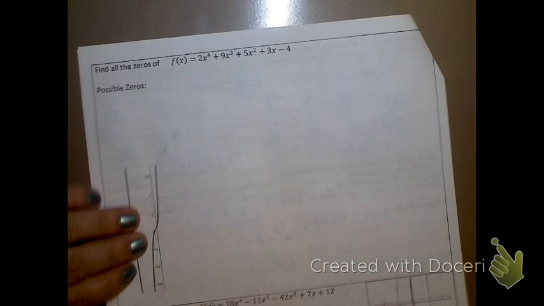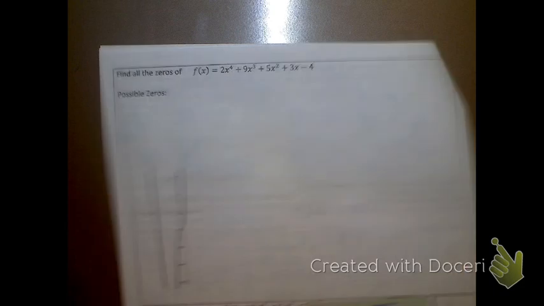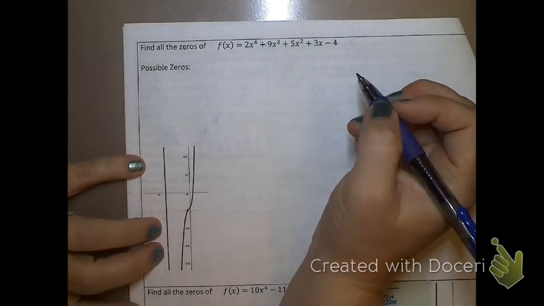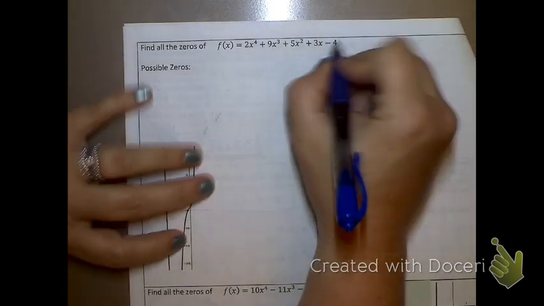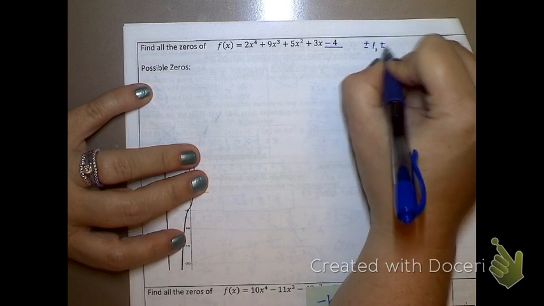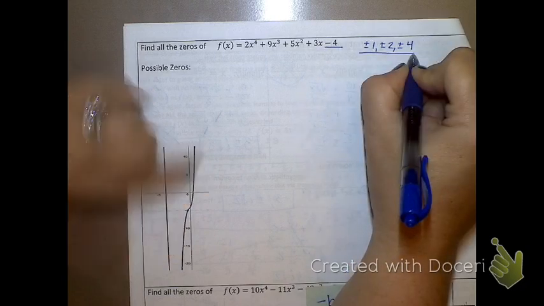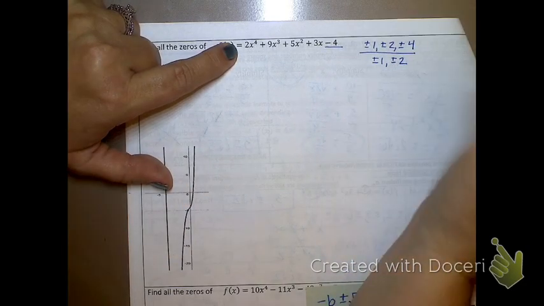Okay. I'm just going to keep this down here for future reference when I need it. All right. My leading coefficient is no longer 1. Darn it. All right, so my constant, that would be 1, 2, and 4. My leading coefficient, 1 and 2.